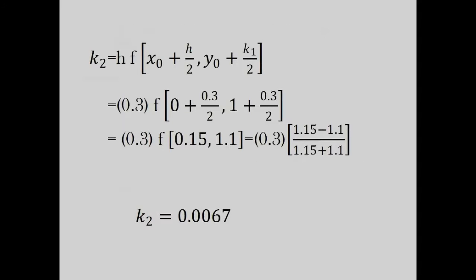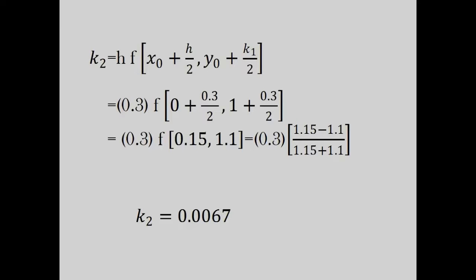For your k2, h f of x naught plus h over 2, y naught plus k1 over 2. So your h is 0.3, f of 0 plus 0.3 over 2, 1 plus 0.3 over 2. So equals 0.3 f of 0.15, 1.15, which is 1 plus 0.3 over 2.